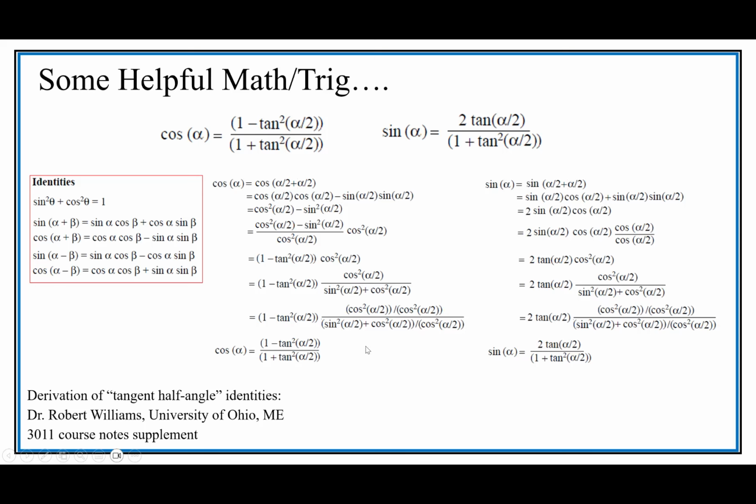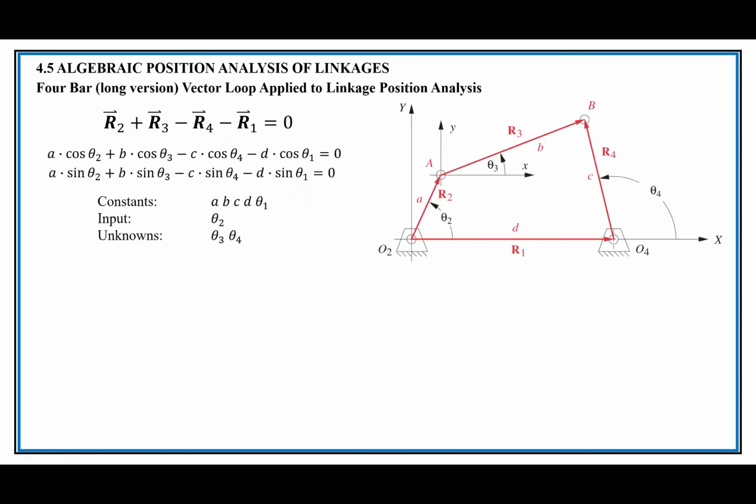If you would like to have some more insight into them, they use these identities over here, I believe, in order to get to them. For the half angle, you split them in half and that kind of thing. Anyway, we're going to use it for this, and this is in section 4.5. The book does this, and I'm not reading to you. I'm trying to give you some insight and make it easier for you to digest this, right?